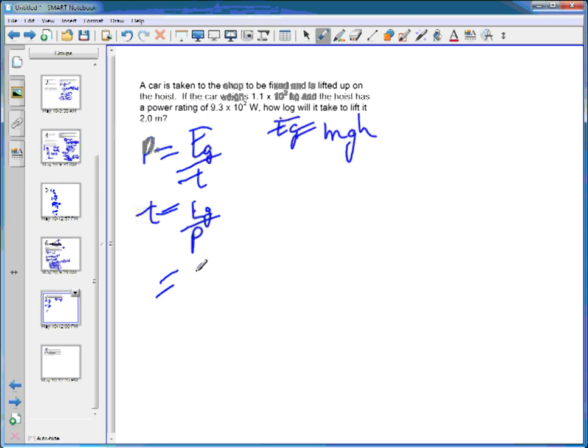Therefore, T is equal to mgh over P. We know the mass. G is a constant, 9.8. We know H. We know P.